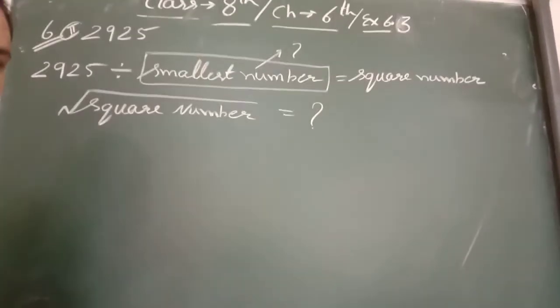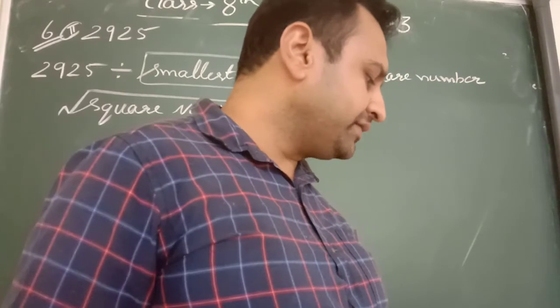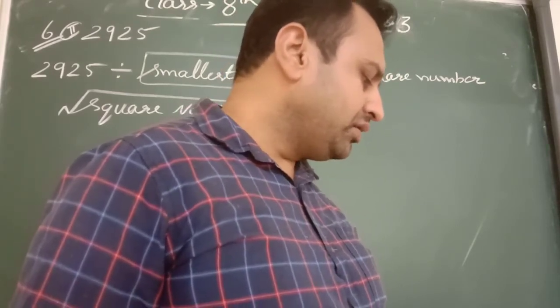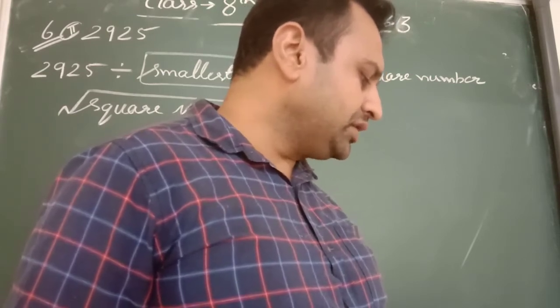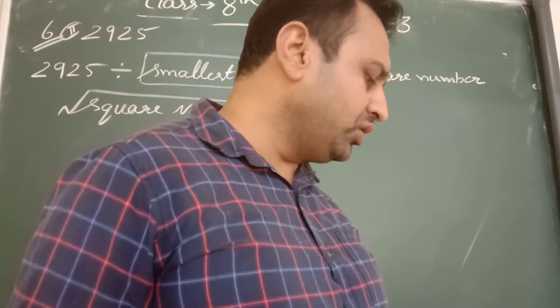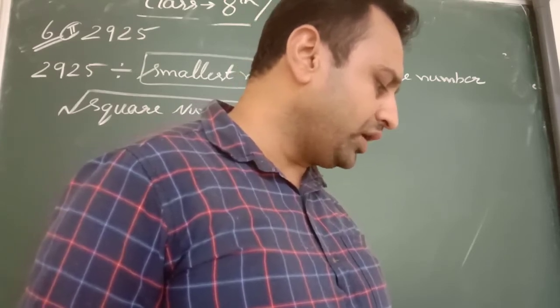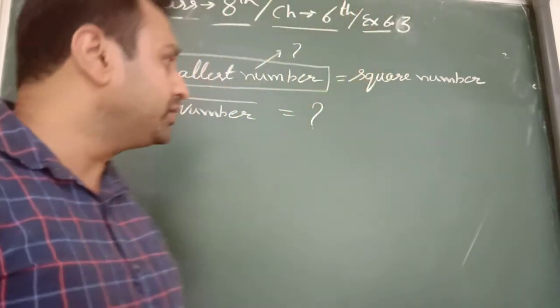Okay students, now we have to do question number 6. Question number 6 is just the converse of question number 5, in which we had to multiply and in this question we have to divide. For each of the following numbers, find the smallest whole number by which it should be divided so as to get a perfect square, and also find the square root of the square number so obtained.